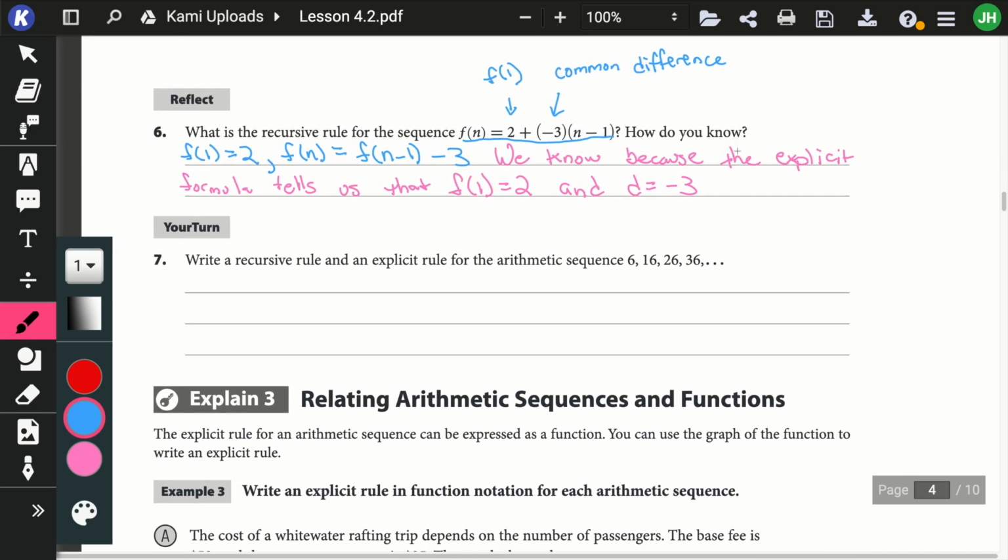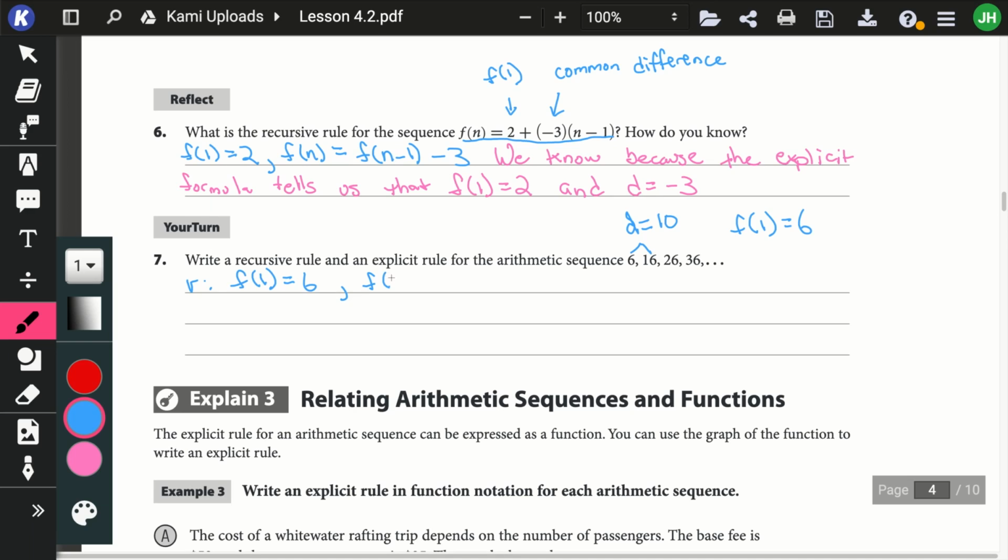All right, can you write a recursive rule and explicit rule for the arithmetic sequence? Well, what's the common difference? It equals 10. What's f of 1? It equals 6. So, recursive: f of 1 equals 6, right?